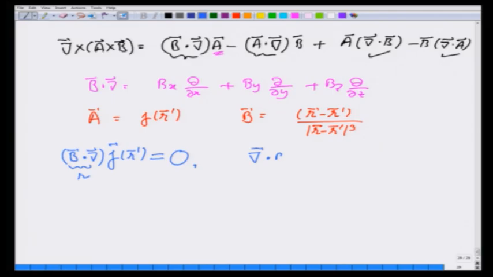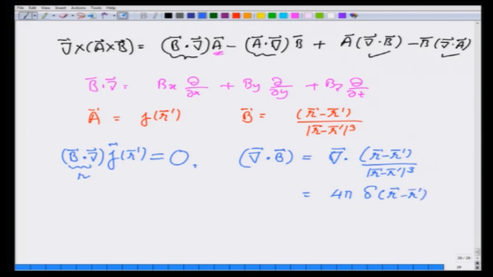Del dot B is divergence of r minus r prime over r minus r prime cubed, and thus you recall we have done this time and again, is 4 pi delta of r minus r prime.